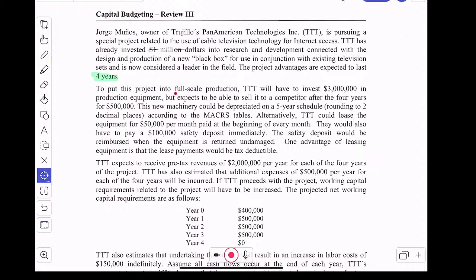To put this project to full-scale production, it will have to invest $3 million in production equipment, but expects to be able to sell it to a competitor after the 4 years for $500,000. So this is capital spending, and this is salvage here.